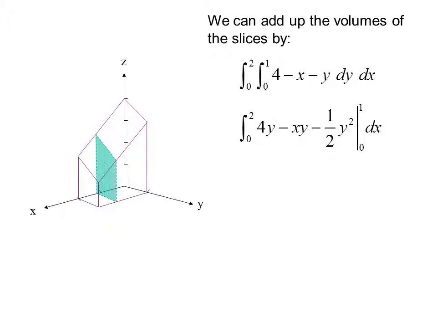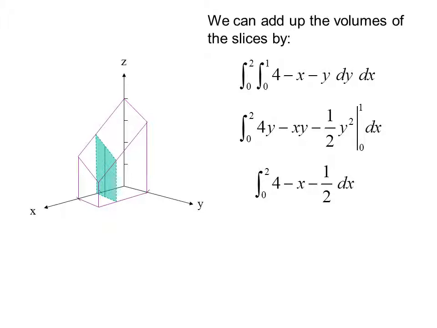We do the inside integral first. So we have the integral from 0 to 2 of 4y minus xy minus 1/2 y squared evaluated from 0 to 1. Now when we did this inside integral, x was considered a constant.